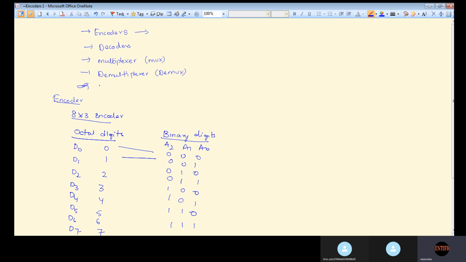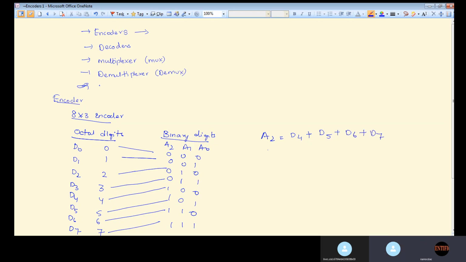So from this truth table, A2 will be equal to what? I did not write it quite correctly, so I will point it out like this. A2 is D4 plus, tell me, wherever there is a 1, D5 plus D6 plus D7.